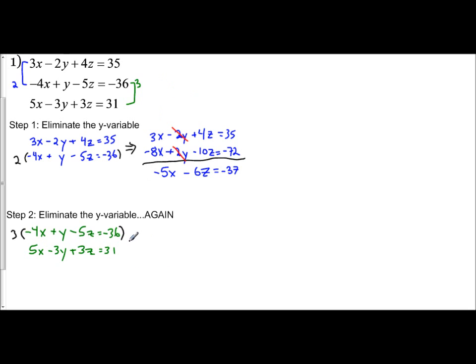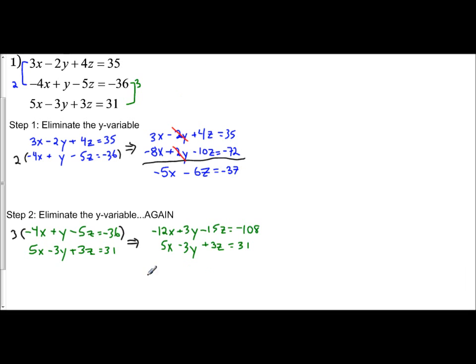And so let's distribute and write down what we get. So multiply all the terms by 3. That gives me negative 12x plus 3y minus 15z equals negative 108. And the bottom equation stays the same. 5x below the negative 12x, my minus 3y, you see they're opposites, my plus 3z equals 31.